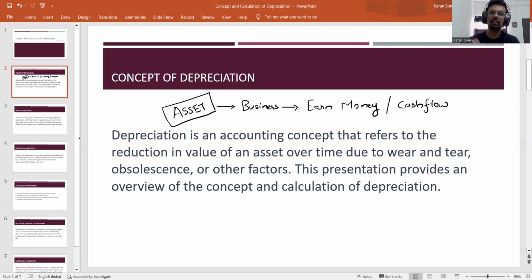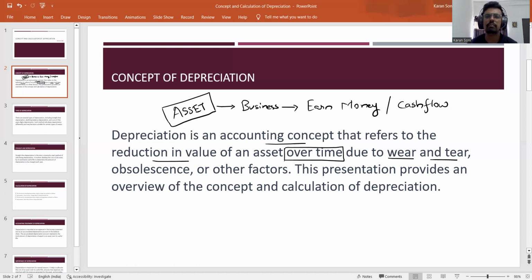Let us first read it and then understand it in detail. So, guys, depreciation is an accounting concept that refers to the reduction in value of an asset over time. Guys, it is very important here. Reduction in value of asset over the time due to wear and tear.